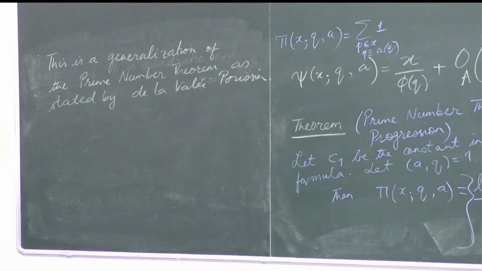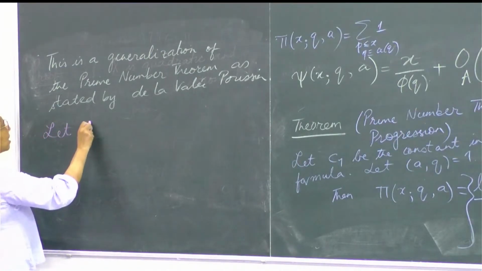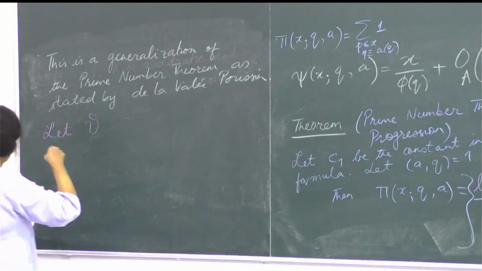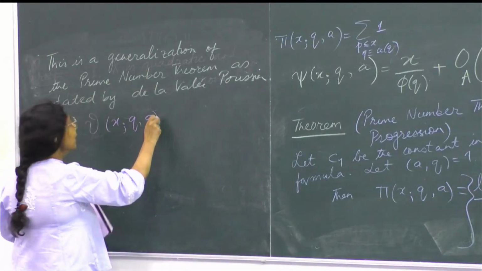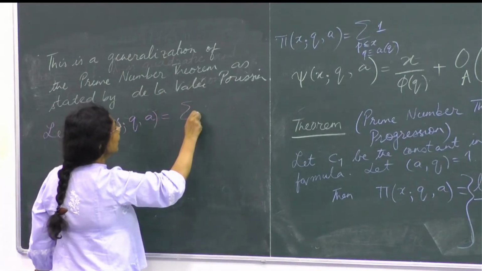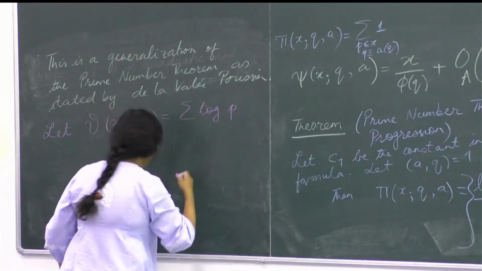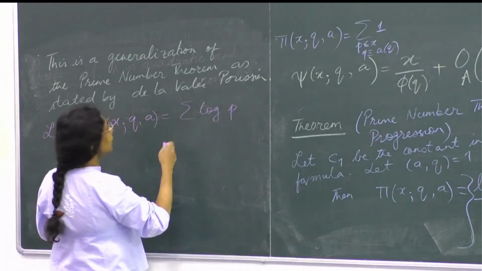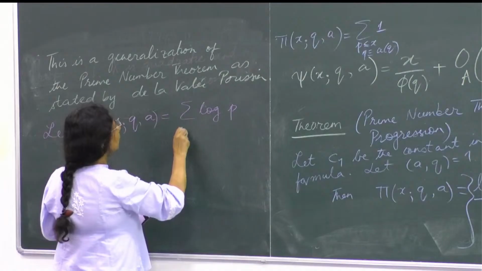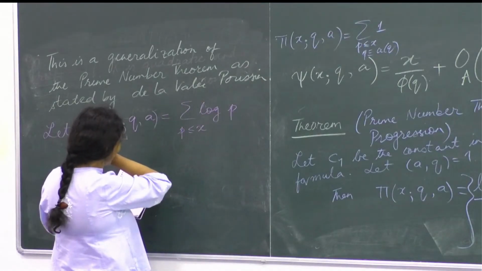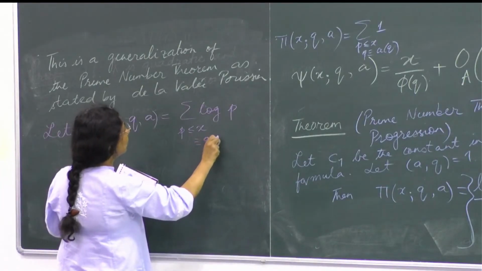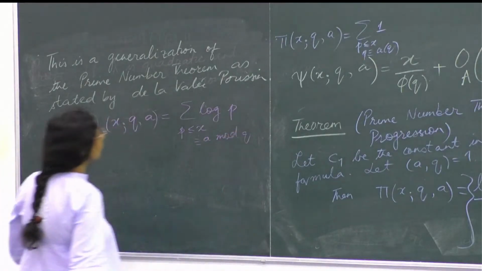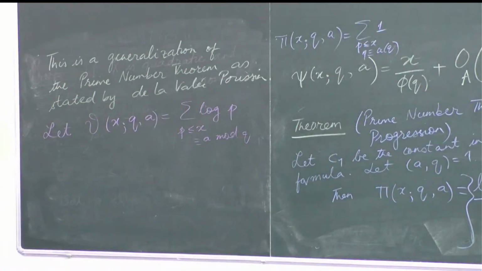So let theta of x, q, a be equal to, instead of lambda n, we take the sum of log p, where p is less than or equal to x, and you have a congruence condition, p congruent to a mod q.